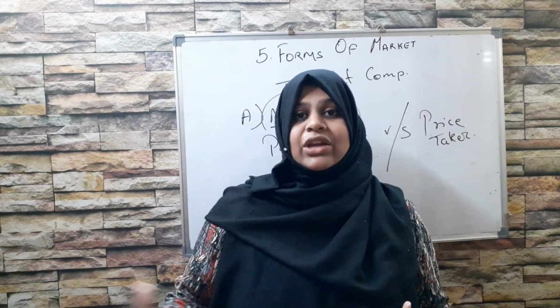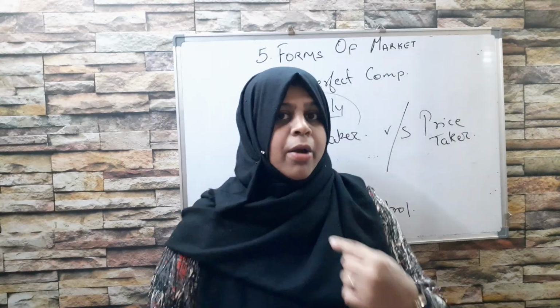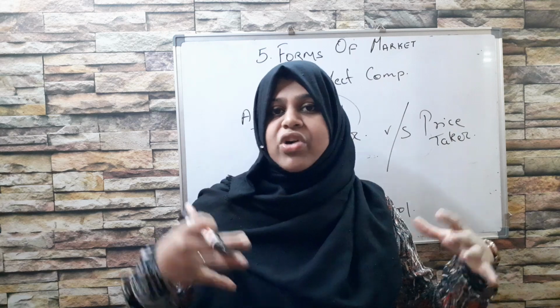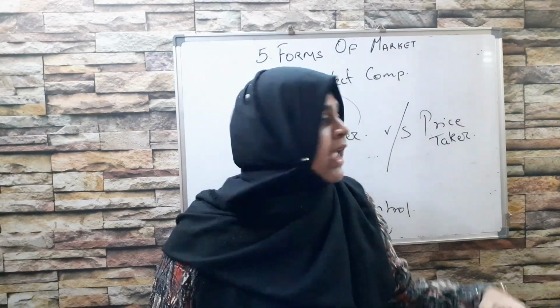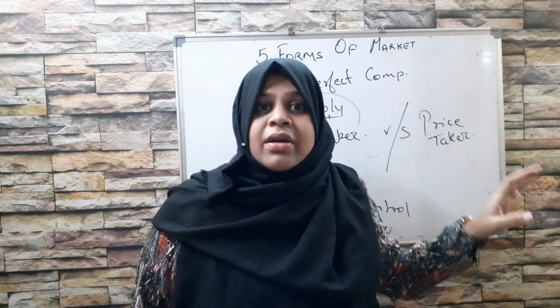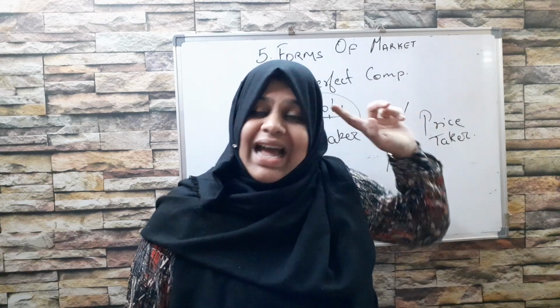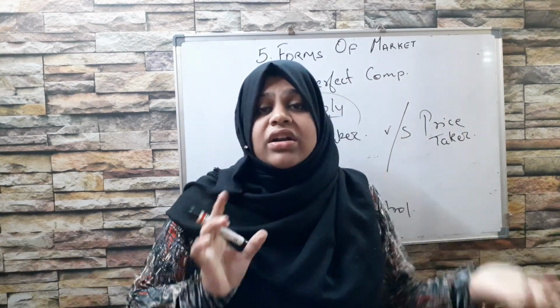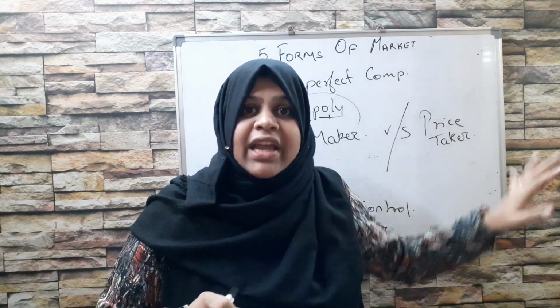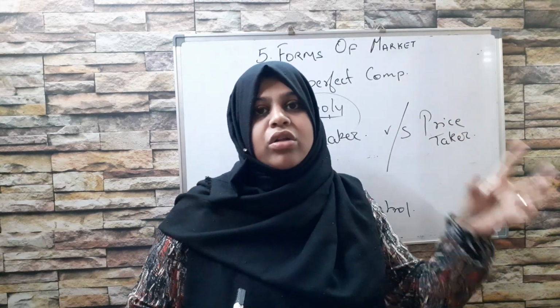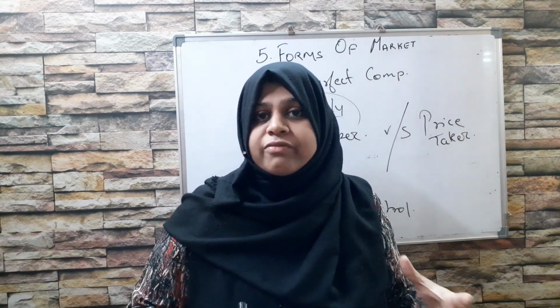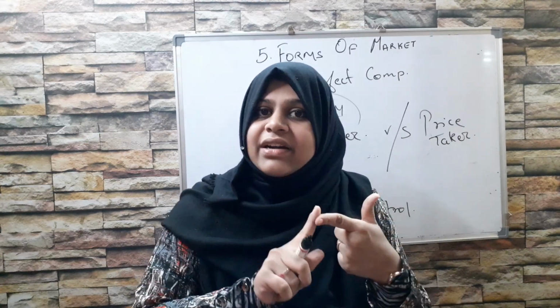Now why is he known as a price maker? Because he himself is going to decide the price of his commodity. What is a price taker? A price taker is that seller in that type of market who cannot decide his own price. He has to depend upon the forces of the market. And what are the forces of the market? The supply and the demand.